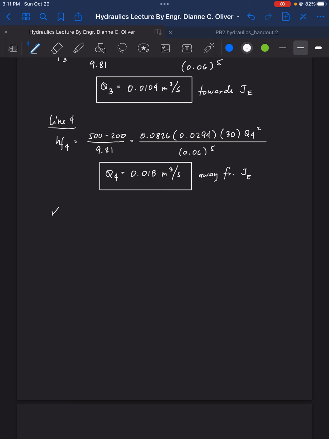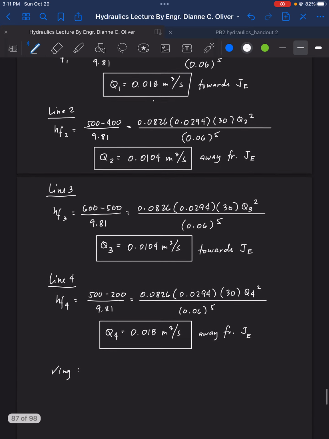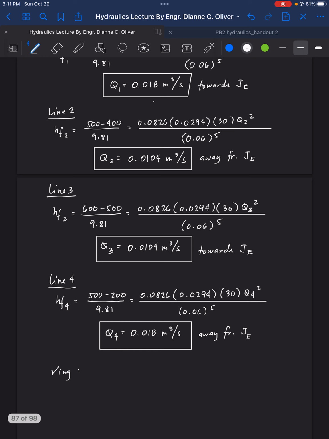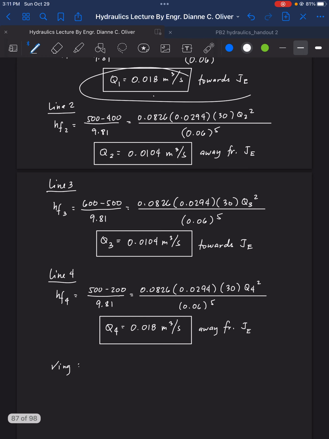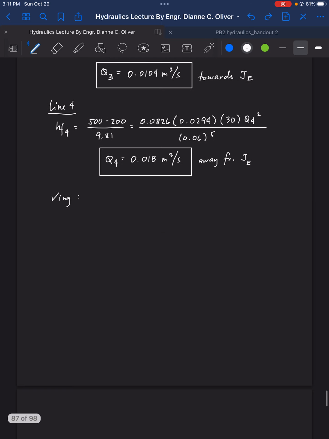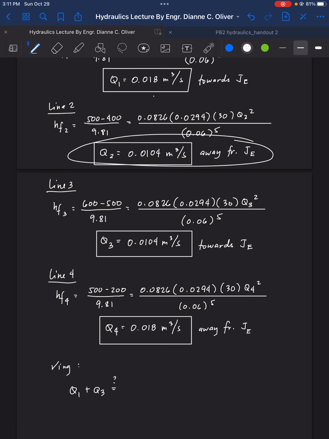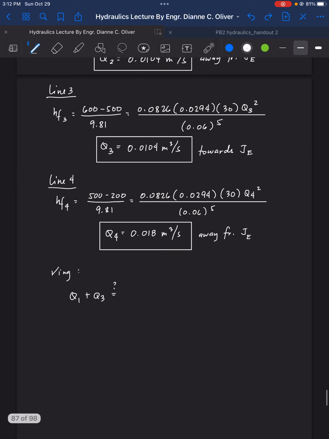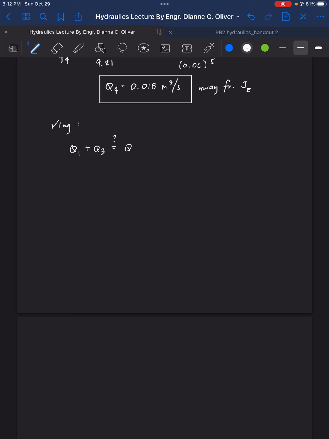So for checking, let's have all flows towards junction E, that is Q1 and Q3. So Q1 plus Q3, is it equal to the flows away from junction E, Q2 and Q4? Q2 plus Q4.